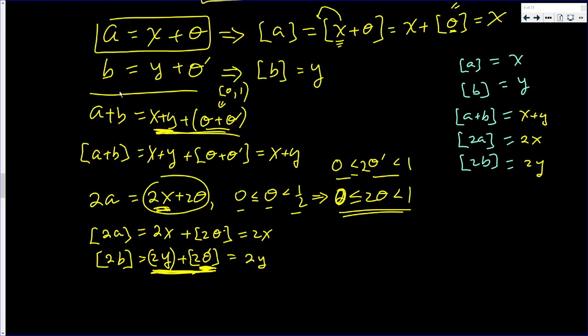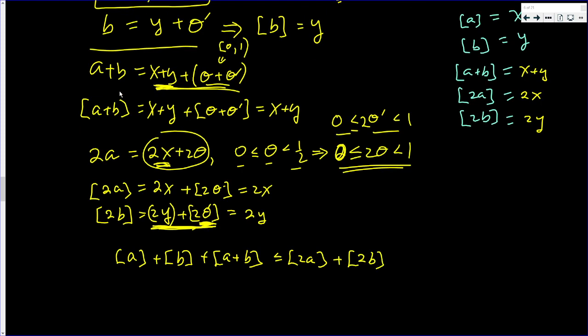And what we want to see is whether or not the integer part of a plus the integer part of b plus the integer part of a plus b is less than the integer part of 2a plus the integer part of 2b.